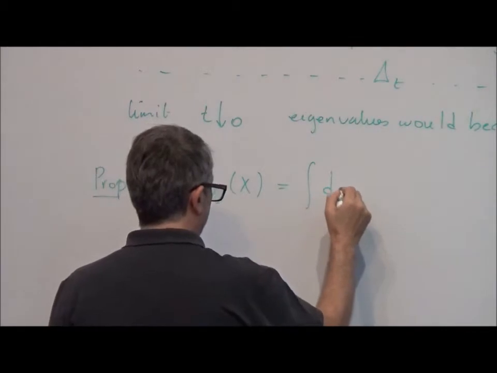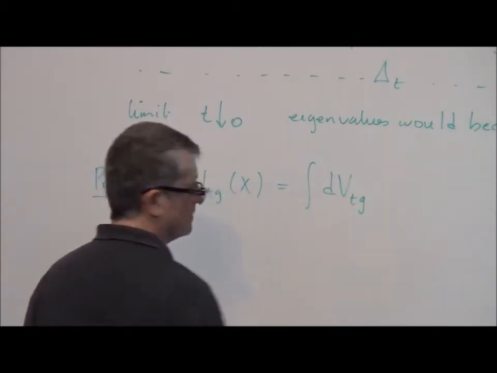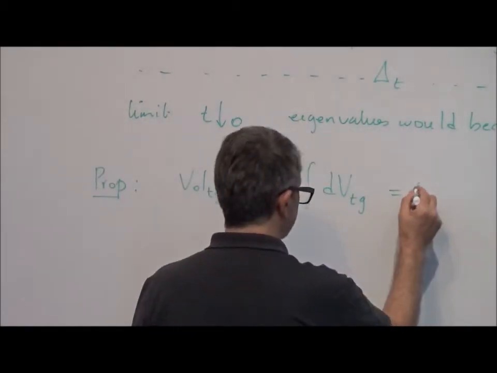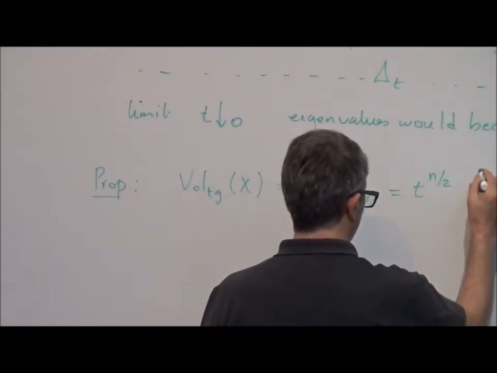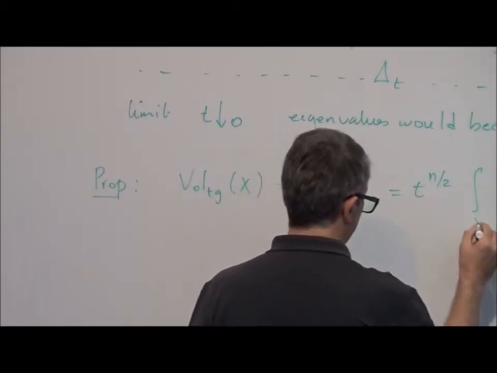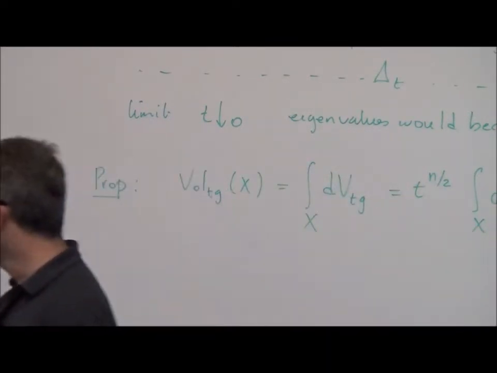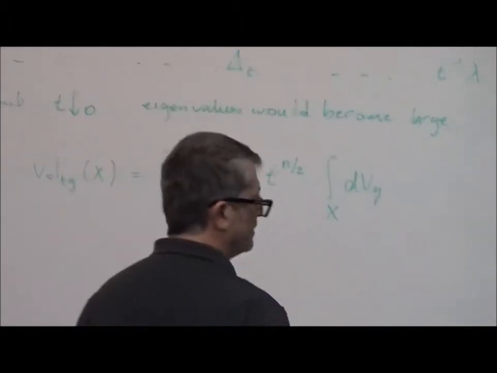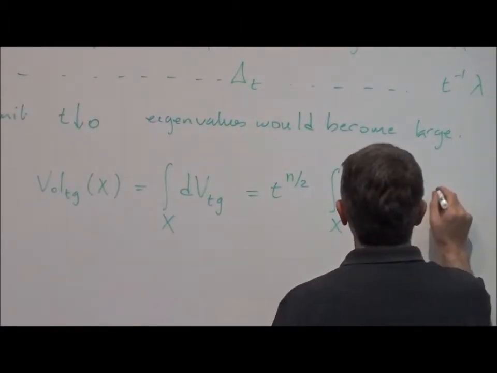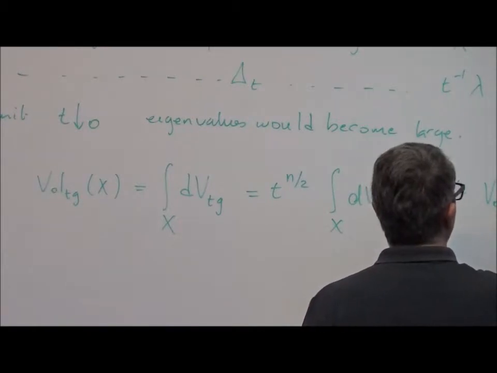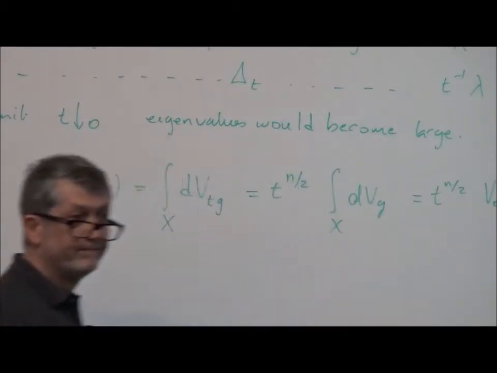is the integral dvTg, and this is the same as t to the n over 2 times the integral over X of dvg. That's from the formula that you were going to prove as homework, which I wrote down. And therefore, this is the same as t to the n over 2 times the volume of X with respect to the metric g.